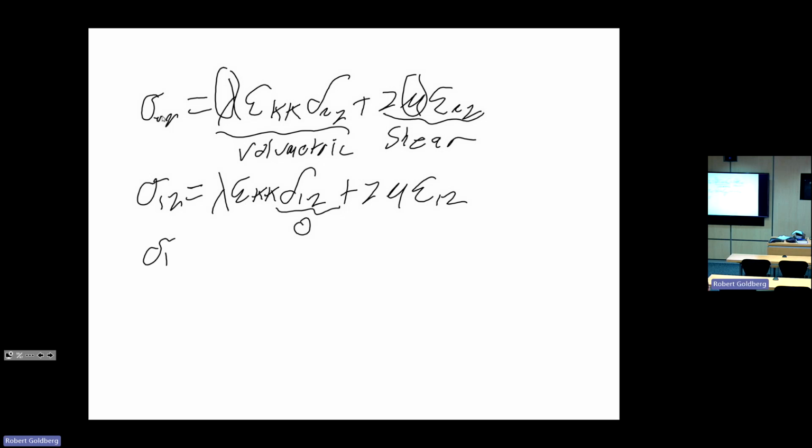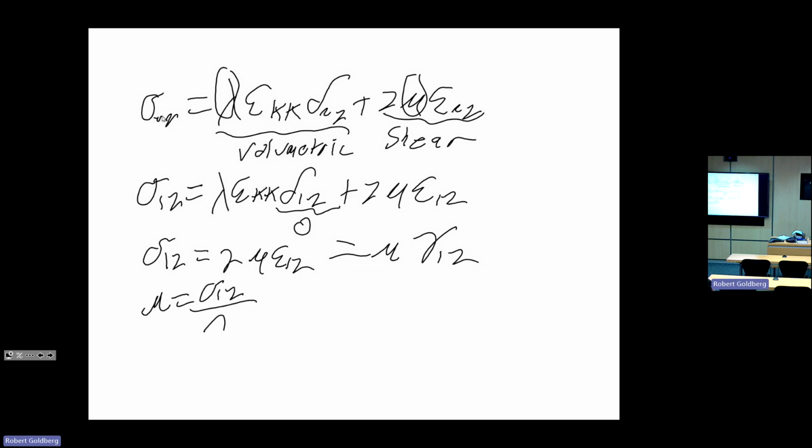So sigma 12 is equal to 2 mu epsilon 12. And now we can make the leap to the engineering shear strain. Since 2 epsilon 12 is equal to the engineering shear strain gamma 12, we know mu is equal to sigma 12 divided by gamma 12.